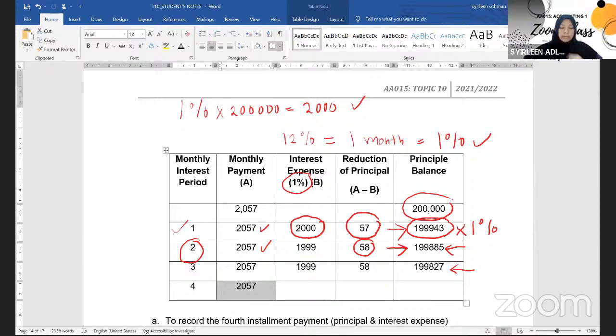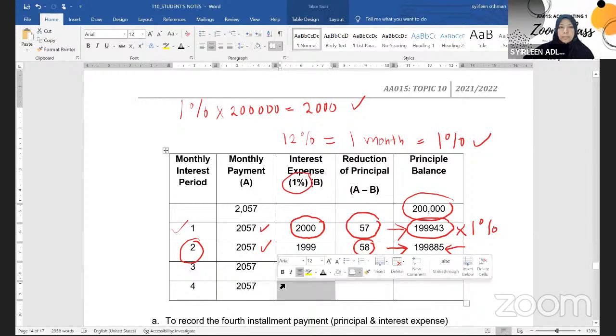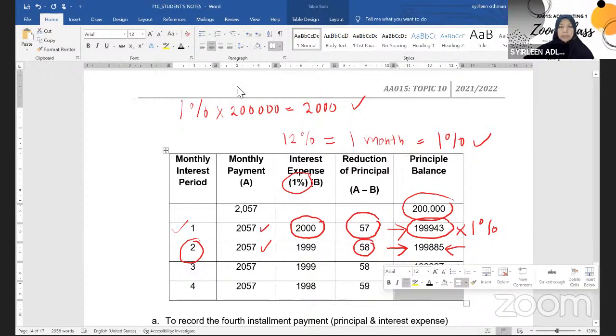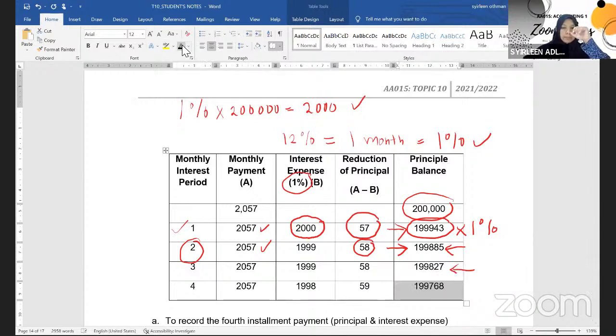So bila kita darab dengan 1%, dia akan jadi RM1,998.27. So kita ambil, kita round off lah. Okay, so kita akan jadikan dia RM1,998. So for the fourth month, you are paying a principal of RM59. Naik RM1 je.